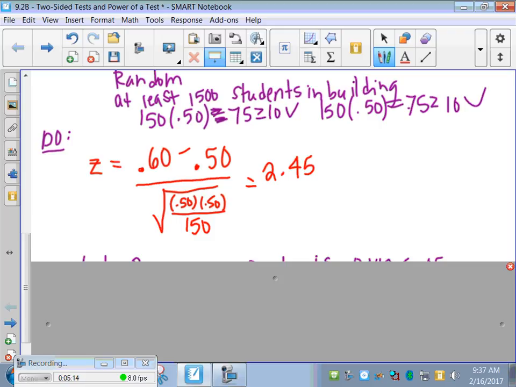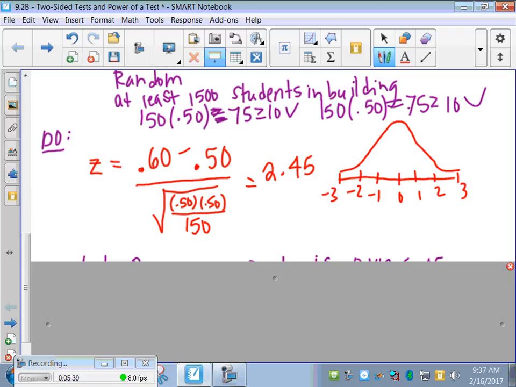Now, what kind of test is this? Two-sided. So here's where a lovely picture would help, all right? I recommend drawing this. Doesn't have to be great, but a little normal curve here, 0, 1, 2, 3. It is two-tailed. So even though we only got a positive, you have to do both positive and negative, okay?